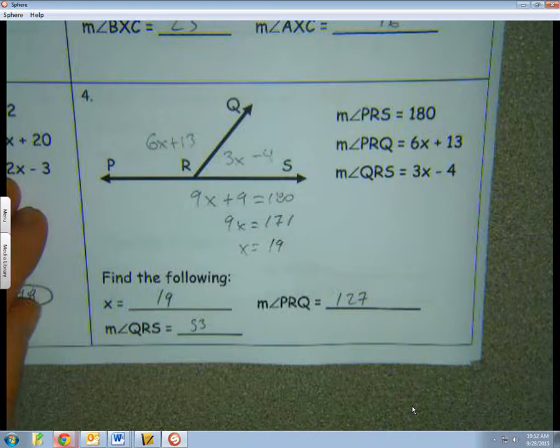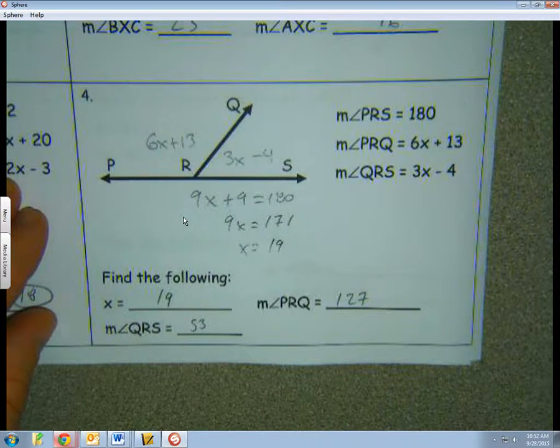Alright, so here's 4. The whole thing is 180, and I know that because it's a line, but it gives it to me, which is great. So PRQ right here is 6x minus 13, and then QRS is 3x minus 4. So I combine those together.